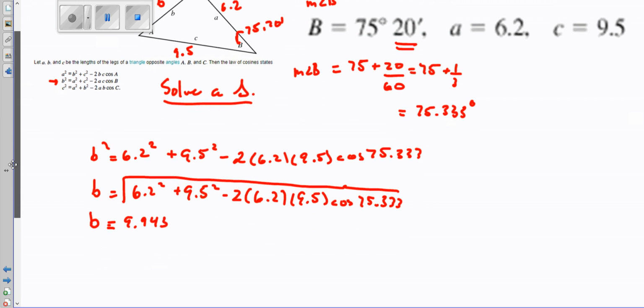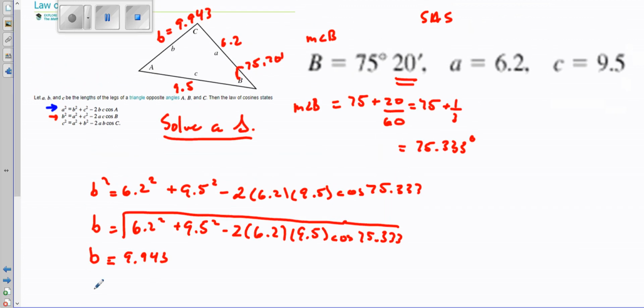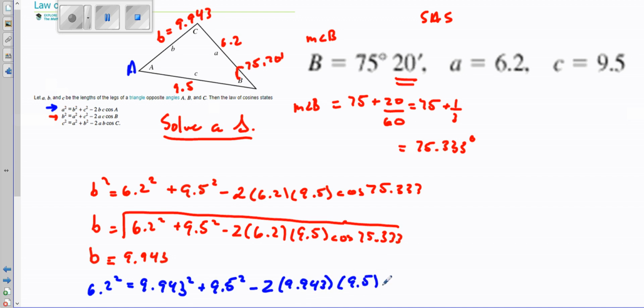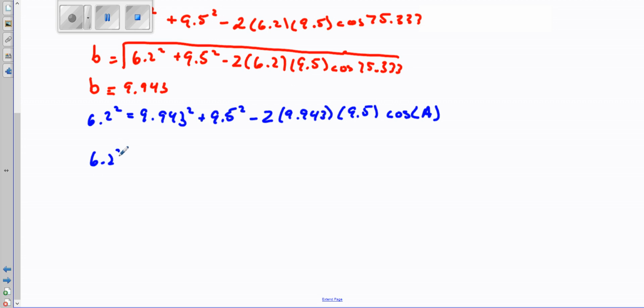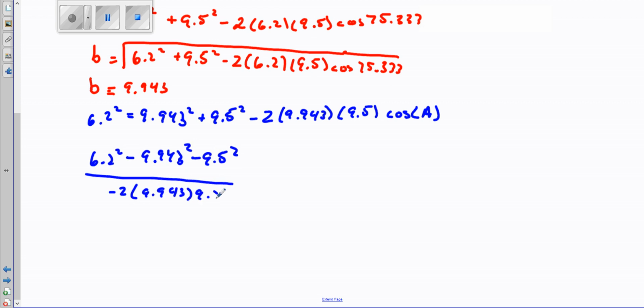Let's say we want to figure out the measure of angle A. We take 6.2 squared, the side of A, and the other two sides, 9.943 squared plus 9.5 squared, minus 2 times 9.943 times 9.5 times the cosine of angle A. From here we do our math: 6.2 squared minus 9.943 squared minus 9.5 squared, divided by negative 2 times 9.943 times 9.5.